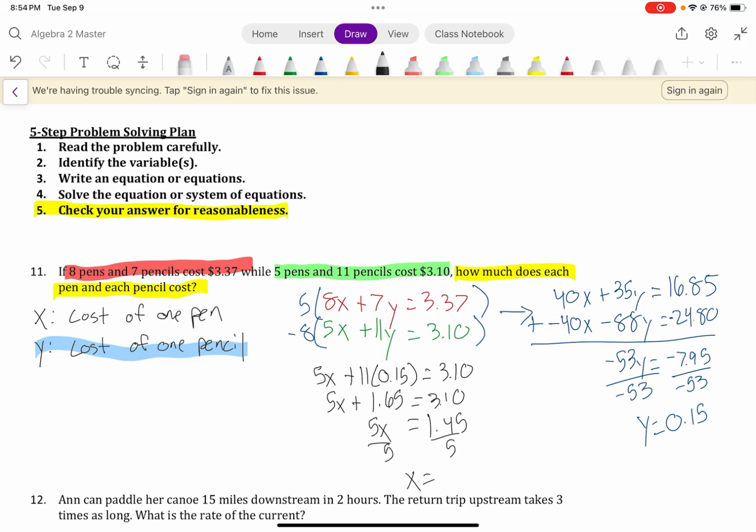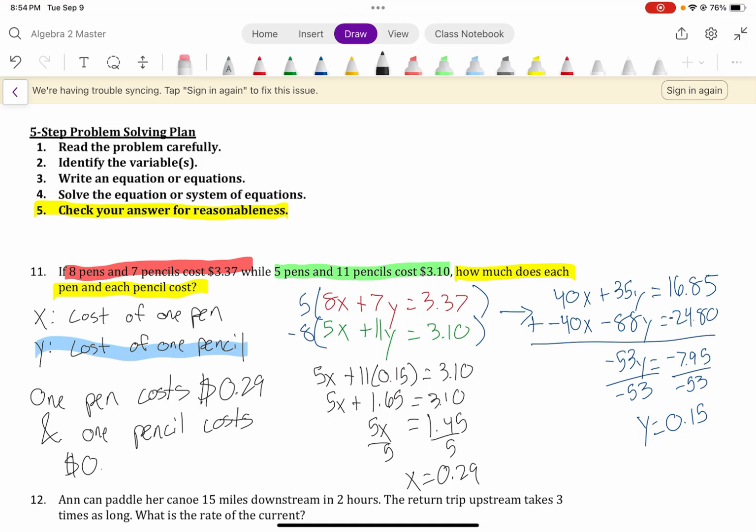Divide both sides by 5 to get 29 cents. So that's the cost of a pen. So my answer would be 1 pen costs 29 cents, and 1 pencil costs 15 cents.